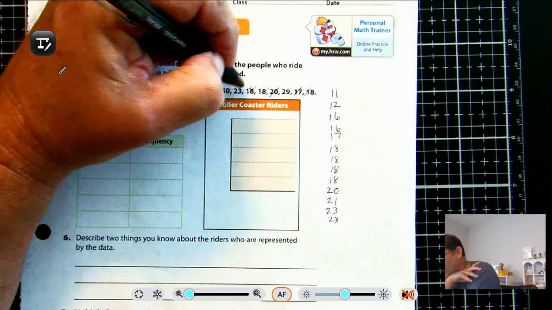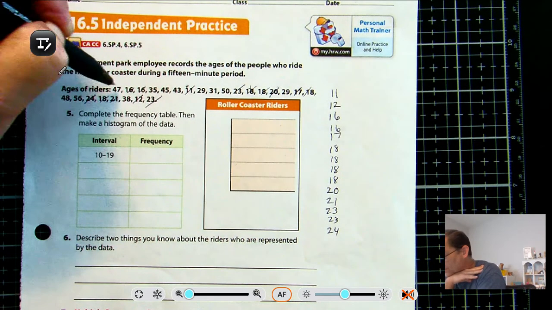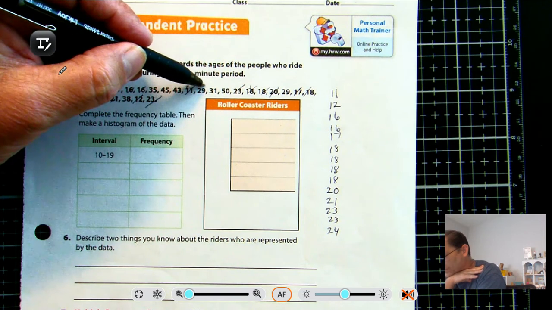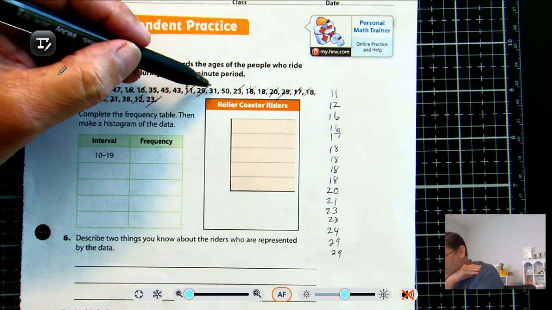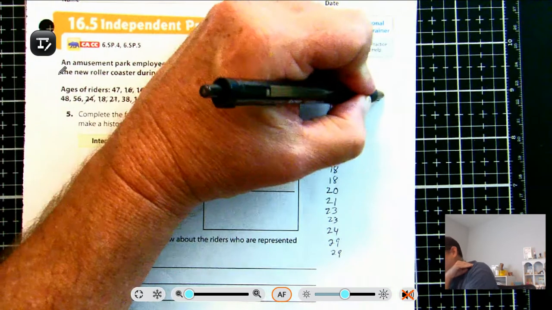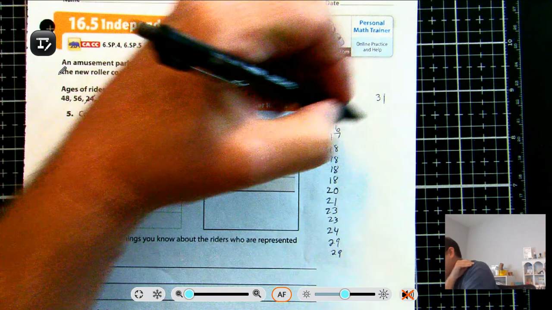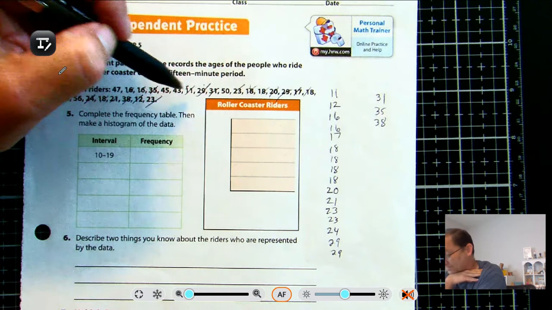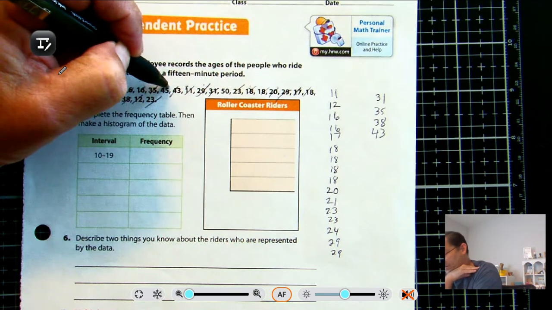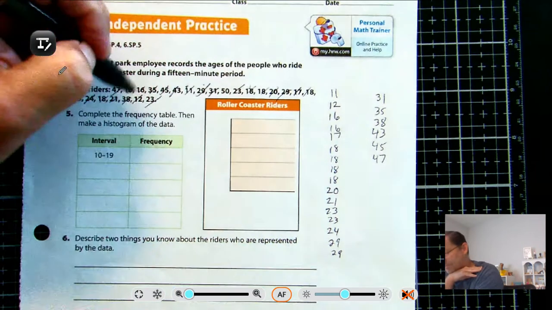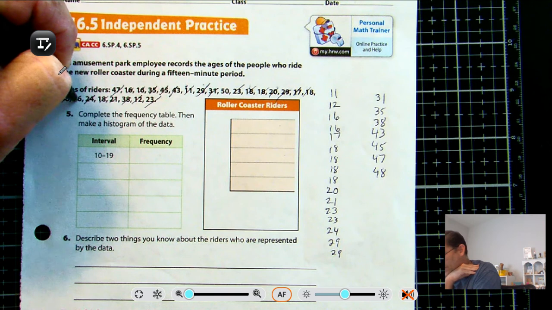There's two 23s. 24. And two 29s. We have a 31. 35 and 38. 43. 45, 47. 48. 50 and 56.